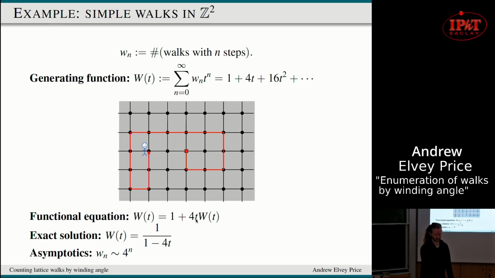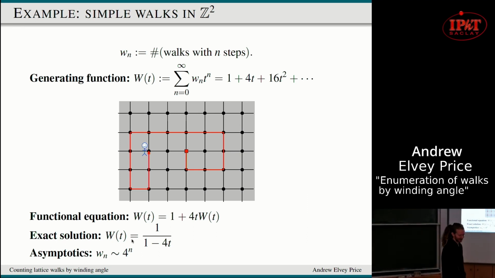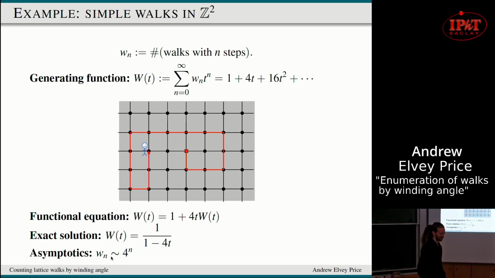And so we end up with 4t times W(t). We can solve this exactly by dividing by the factor of W(t), and it has this simple asymptotic form.